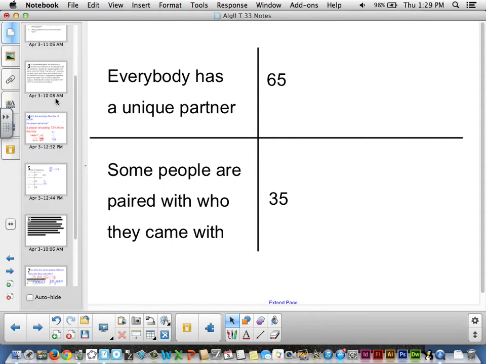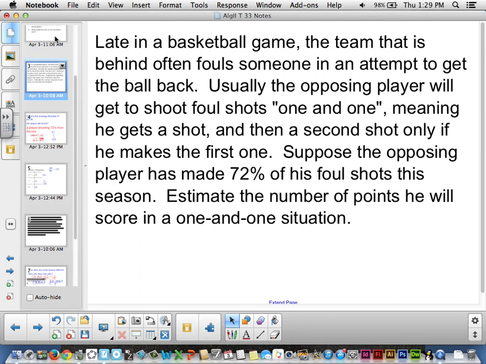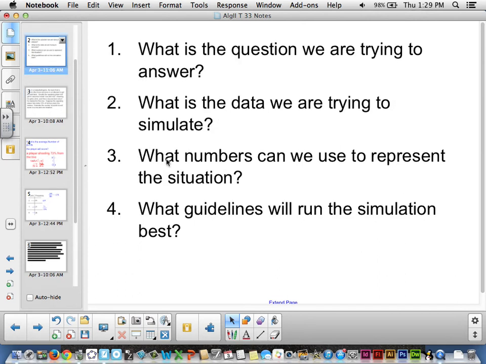So in review, the steps you need to follow when doing the simulations. You need to figure out what question you're trying to answer. And then you need to look at the data and see what you're trying to simulate. Take the data and see which numbers represent the situation best. If you're doing a percent, you can simulate from 1 through 100 and assign a range to each value in your simulation.